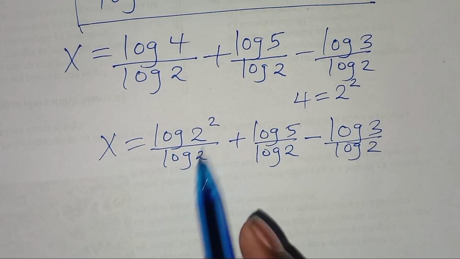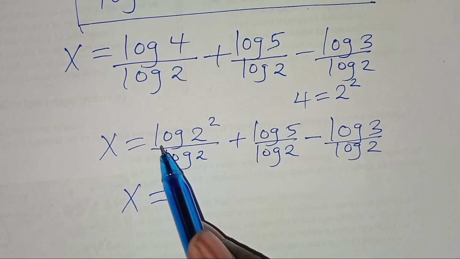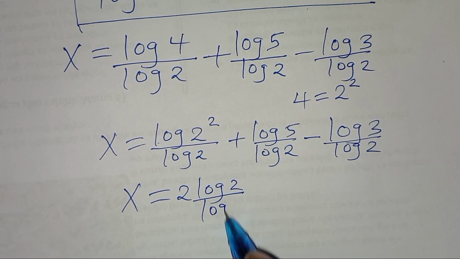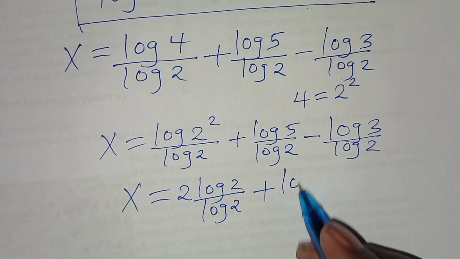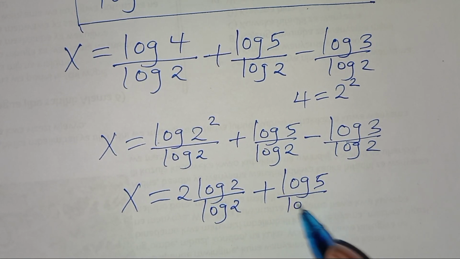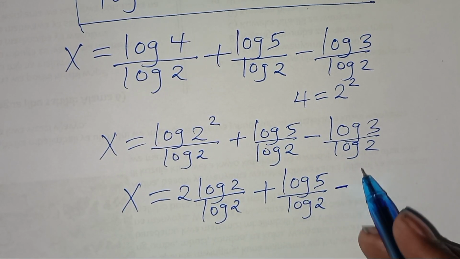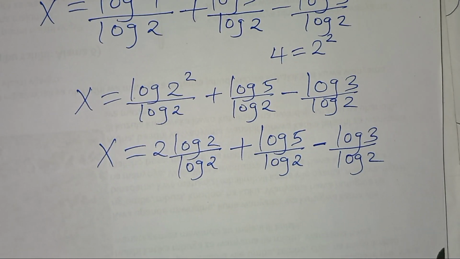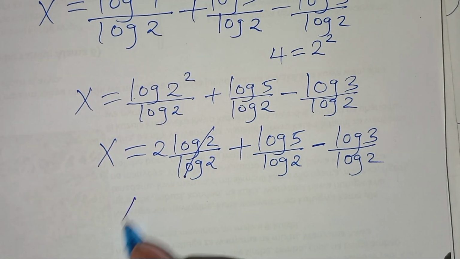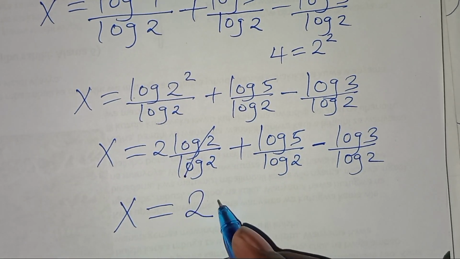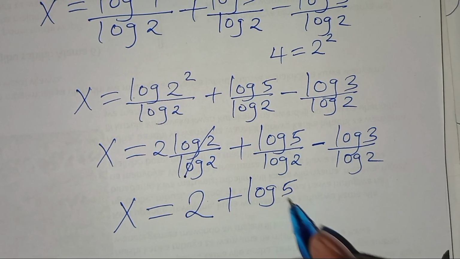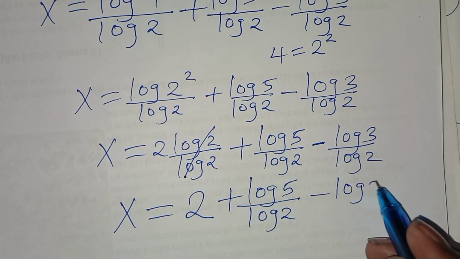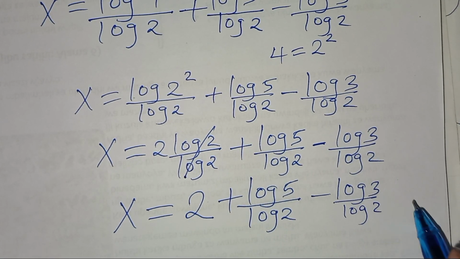So applying the power rule property here, log 2 to power 2 becomes 2 log 2 divided by log 2, plus log 5 divided by log 2, subtract log 3 divided by log 2. Let's simplify here. Log 2 and log 2 simplify so that x is equal to 2 plus log 5 divided by log 2, subtract log 3 divided by log 2.